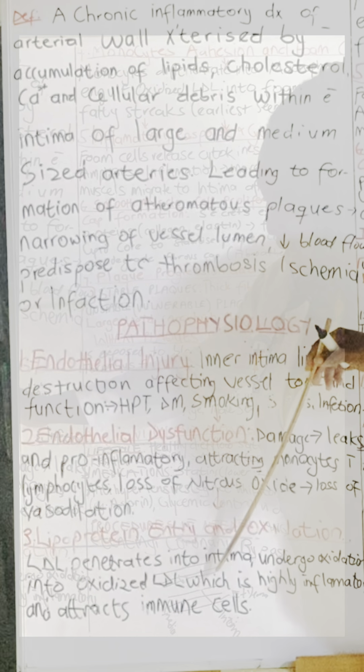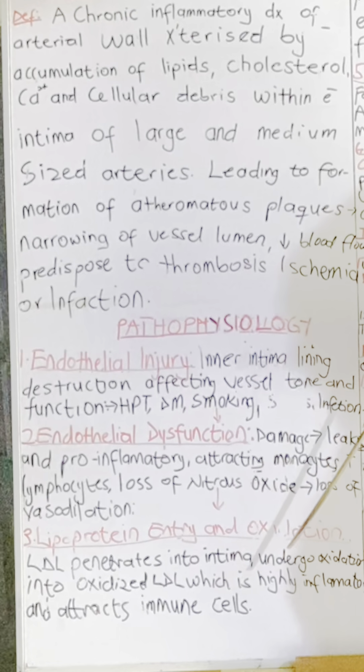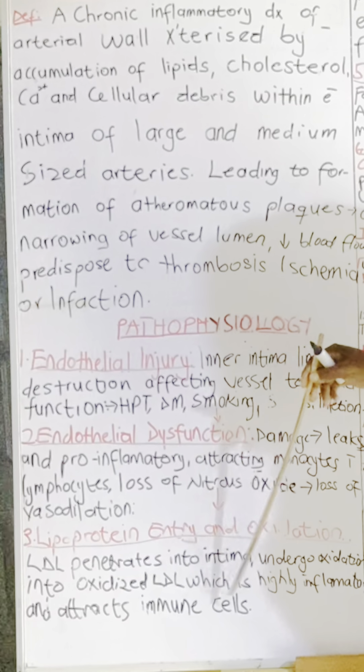It will get here, it will get oxidized, and then it will become what we call oxidized LDL, which is also a highly inflammatory, attracting material, which is going to lead to more inflammatory process and more immune cells coming together.